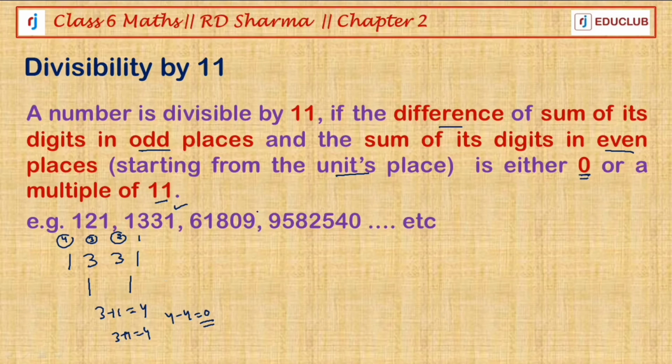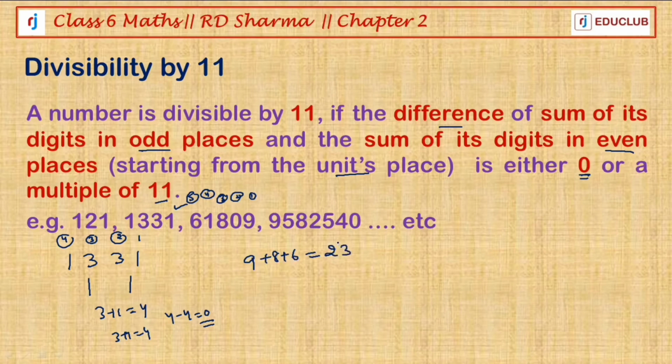Let us take one more number, 61809. This is the 1st, 2nd, 3rd, 4th, 5th place. Now I'll take the odd places, 1, 3 and 5. It will become 9 plus 8 plus 6: 9 and 8 is 17, plus 6 is 23.